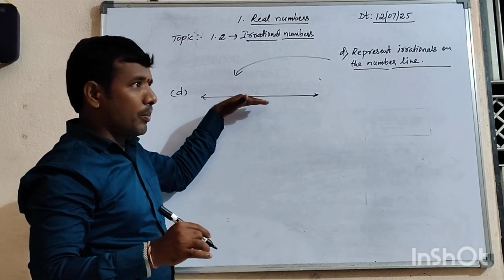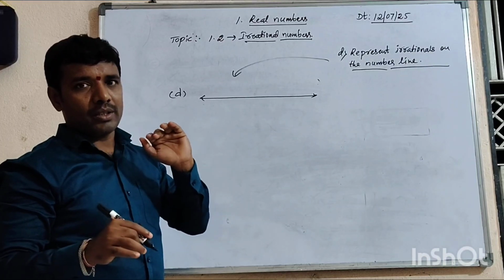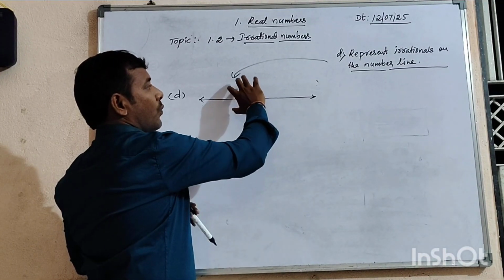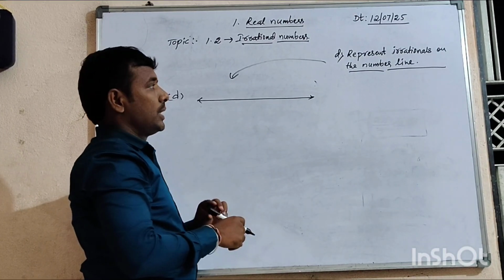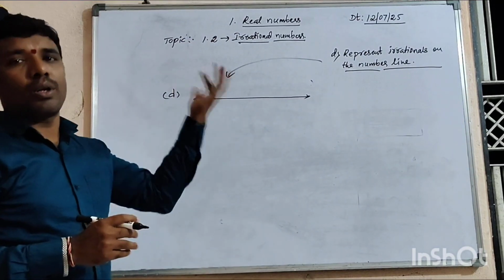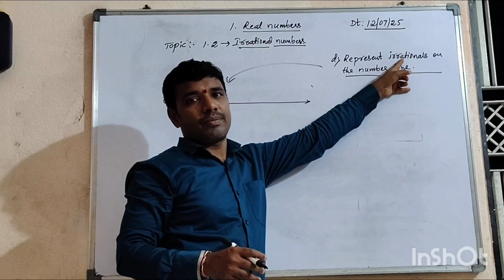The number line is completely filled with rational numbers up to 8th class. Even so, the number line is not fulfilled with the numbers. Why? Because there is a little bit of space to represent a few more numbers, which are called irrationals.